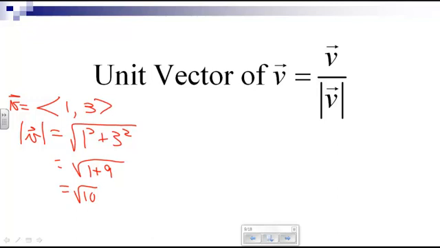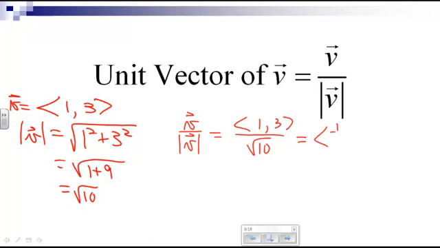If I want the unit vector of v, I would take my vector v and divide it by the magnitude of v, or I take the vector 1, 3 and divide it by the square root of 10, which is just another kind of scalar multiplication. I would get the vector 1 over root 10, comma 3 over root 10.